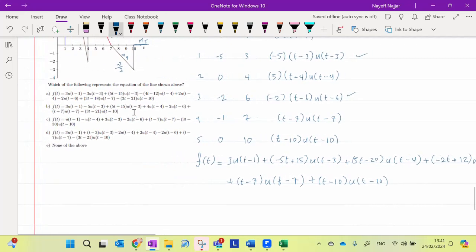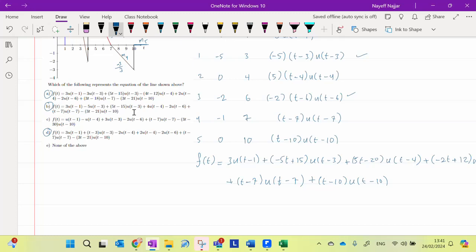And from the choices, well, you see here 3u(t -1), so this is possible and this is possible and this is possible, okay, and then (-5t +15), okay, it's not here.